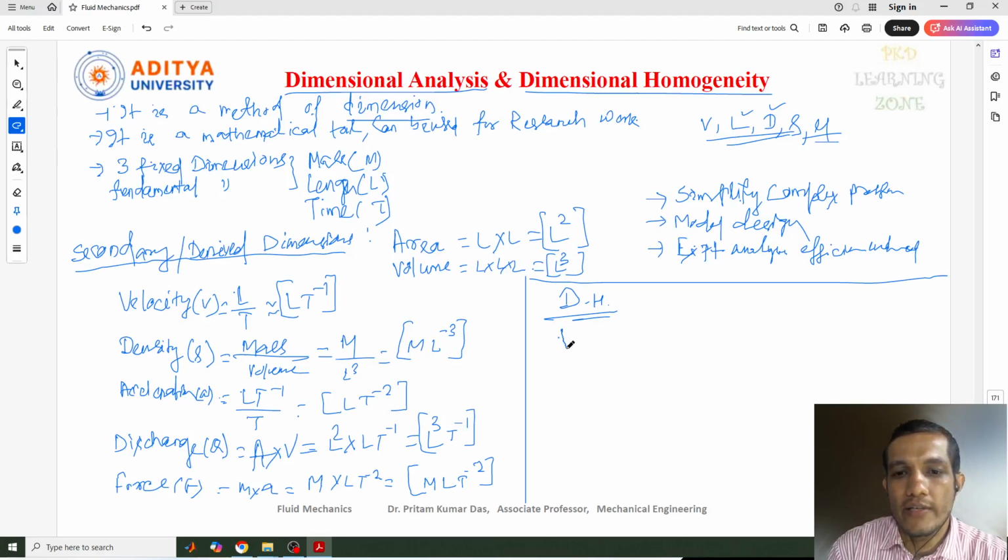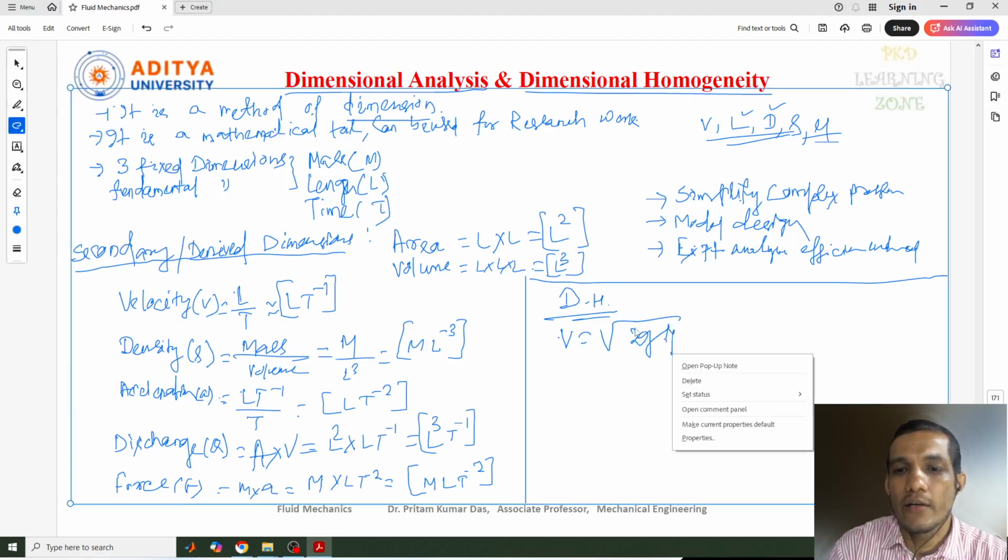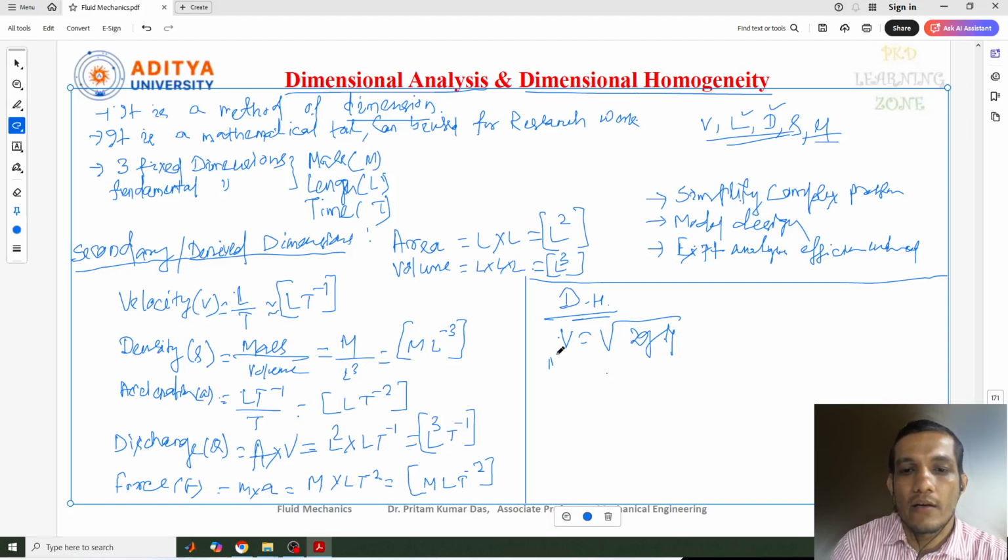We got the equation there, V equals root over 2gh. Here, V is the left hand side and this is the right hand side. Now we need to verify the dimensions of both sides of the equation. Velocity's dimensions we have already calculated, that is L T to the power minus 1.